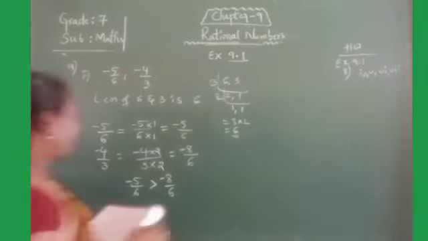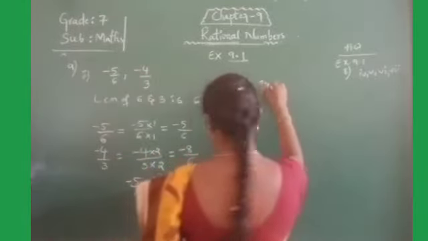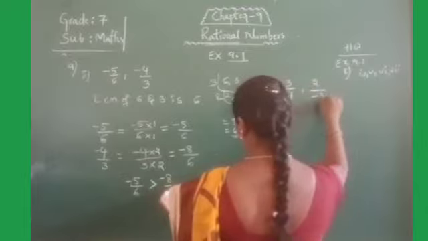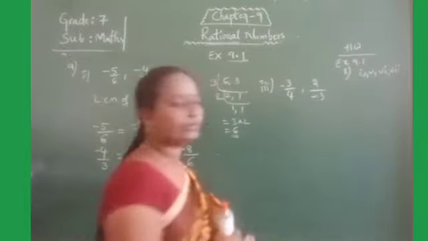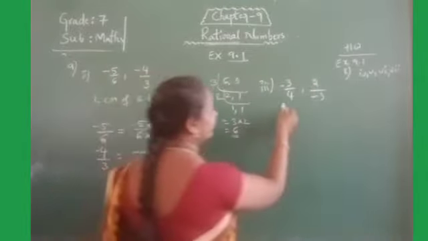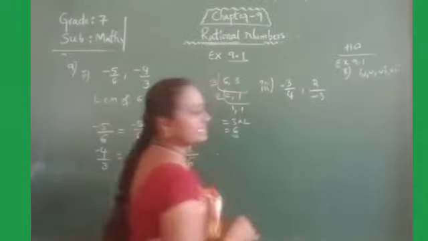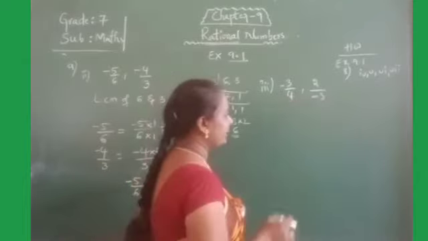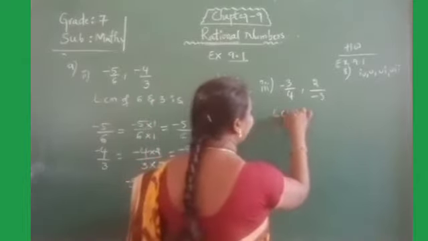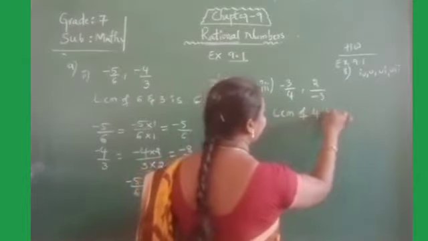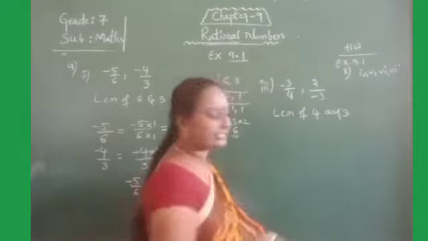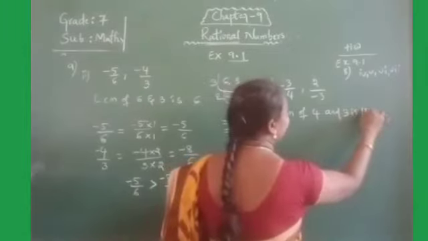See the third one, minus 3 by 4 and 2 by minus 3. So which rational number is greater? These are also two negative rational numbers. So here also we have to find the LCM of 4 and 3. What is the LCM of 4 and 3? It is 12.